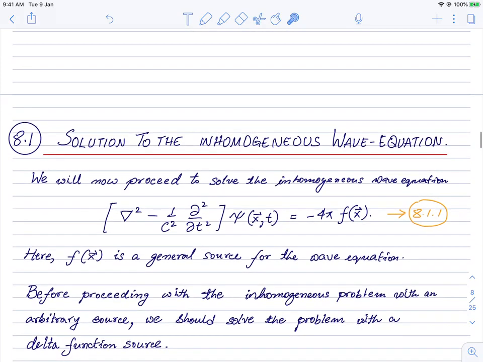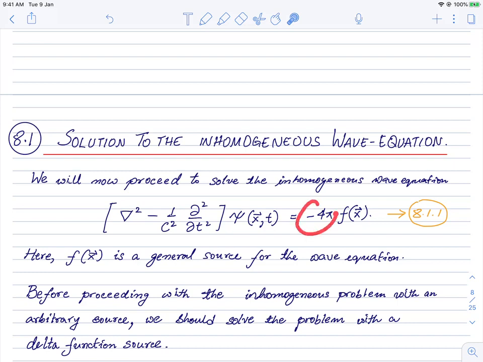So this equation I have schematically written like this. This chi represents the components of the vector potential and the scalar potential, and this f of x is the source. This simultaneously represents the charge density and the current density.